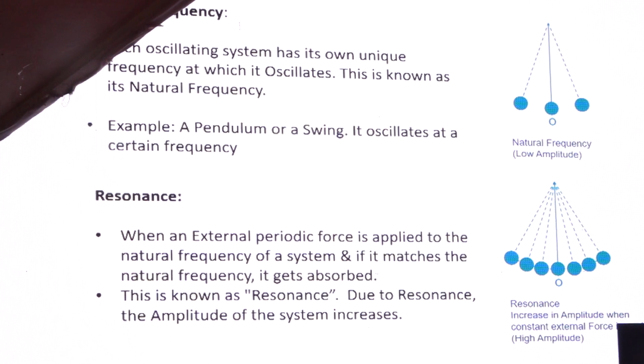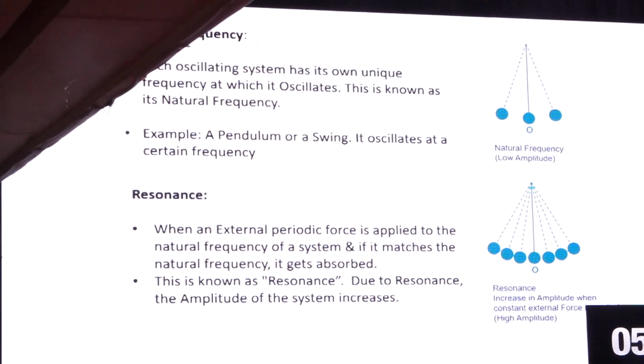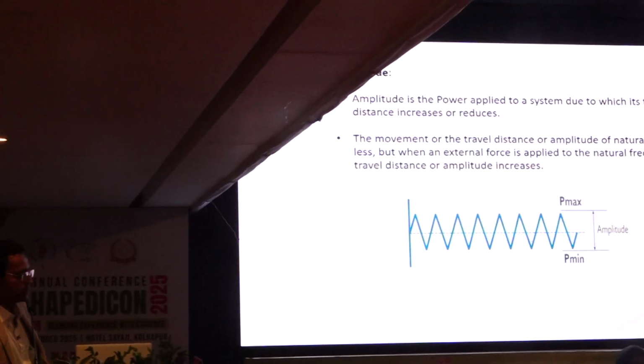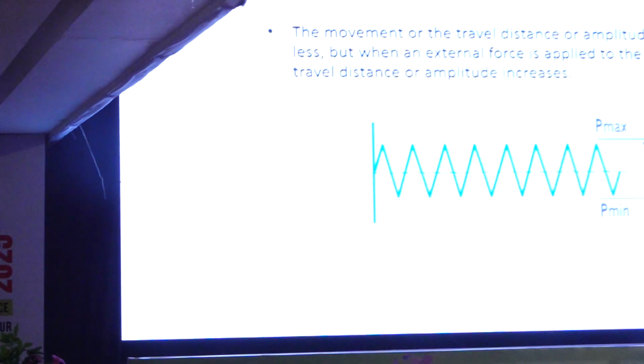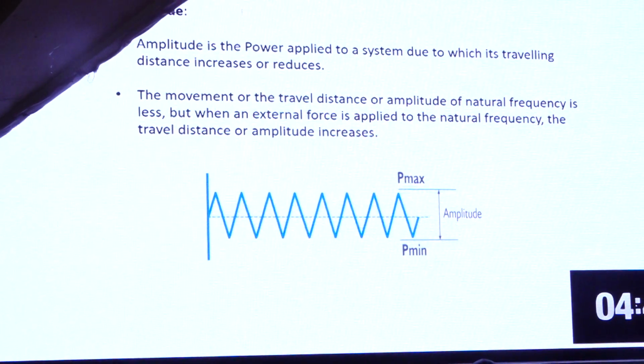The energy is absorbed and that is transmitted to the moving substance. Now amplitude is the power applied to a system due to which its traveling distance increases. So it is just like a swing. I am sitting on a swing, and somebody pushes me, and then my movement increases. So that becomes my amplitude. So this is the amplitude, the highest point to lowest point.